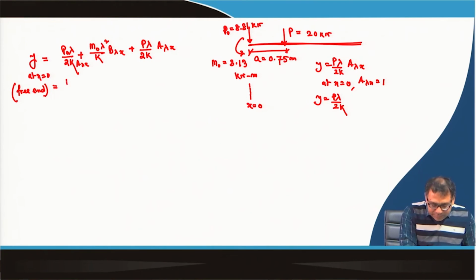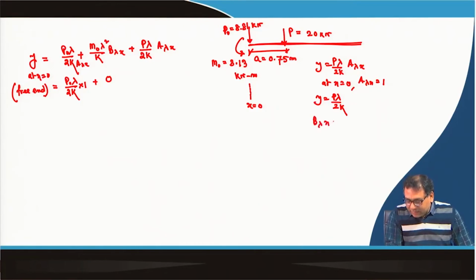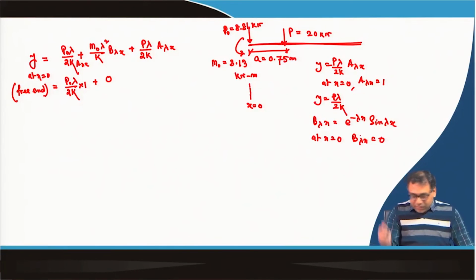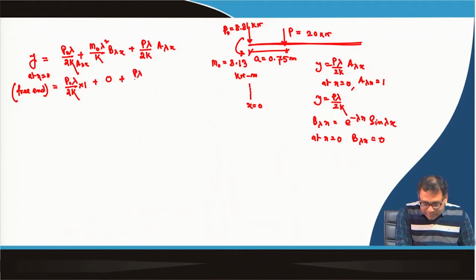So, P0 lambda by 2k into 1, plus this is 0, because B lambda x is e to the power minus lambda x sin lambda x. Now, at x equal to 0, B lambda x will be 0, because sin 0 is 0. And then P lambda by 2k, where x is 0.75 meters, so this will be A lambda a.